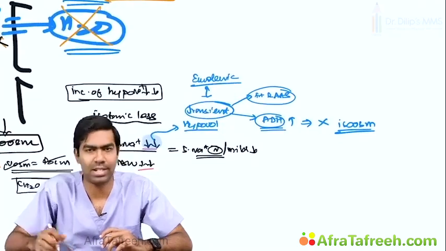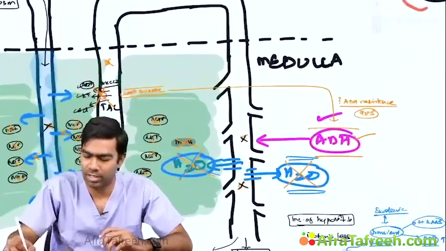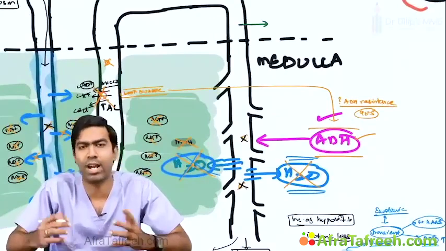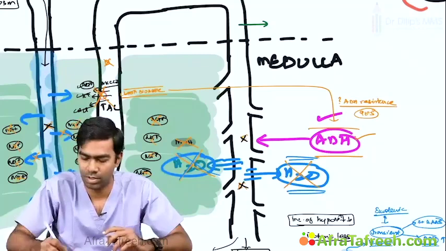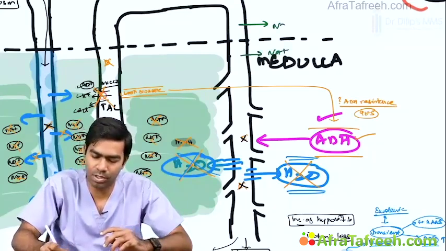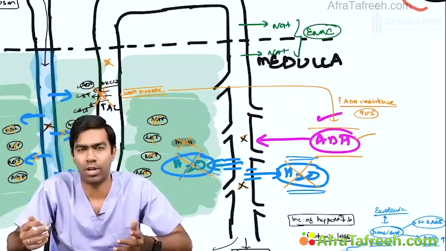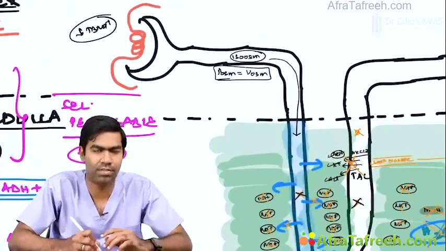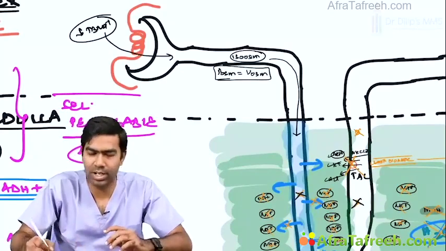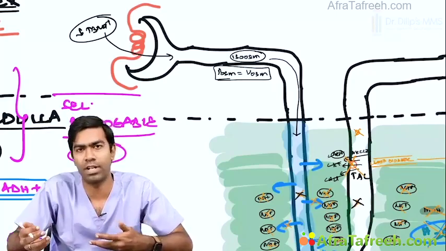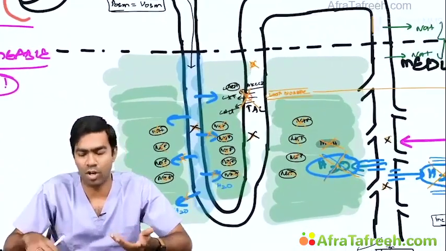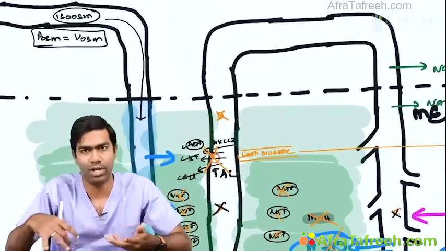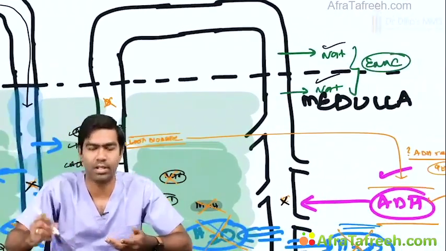At the same time, this RAS activation obviously will try to increase the sodium reabsorption. Whenever aldosterone is activated, they try to increase the sodium reabsorption through the channels called epithelial sodium channels. And usually at one point, since the total body sodium itself will become less, there will be less sodium that will be filtered in the urine, and whatever less sodium that is coming inside will be taken over by these activated ENaC channels.